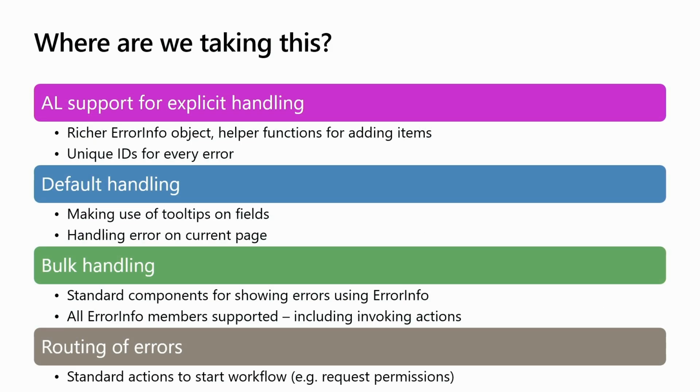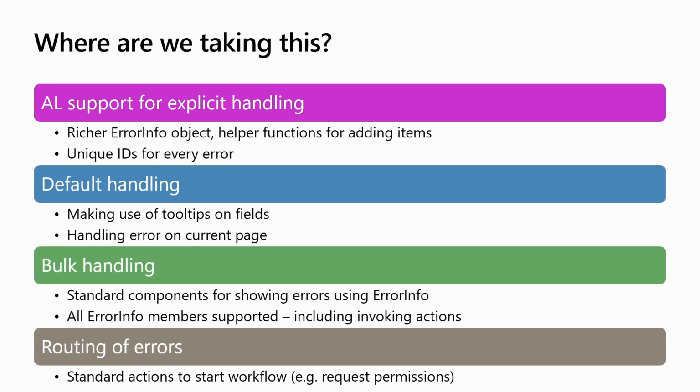Now, if you take more the tactical view, what do we expect to add to this? Well, everything will basically revolve around the error info object, because the moment we have the source of the error, or the weapon used, then we can start navigating to it.